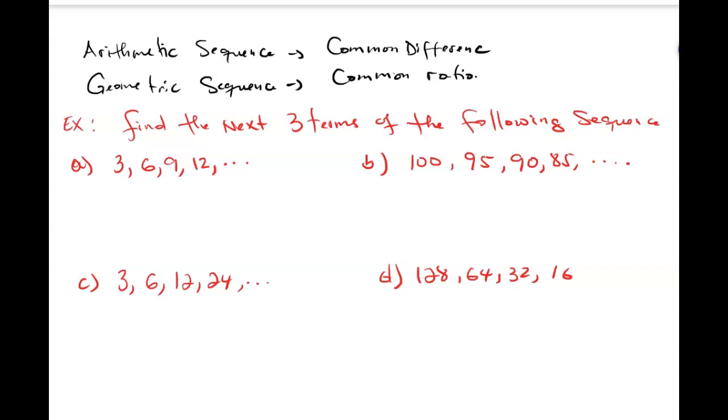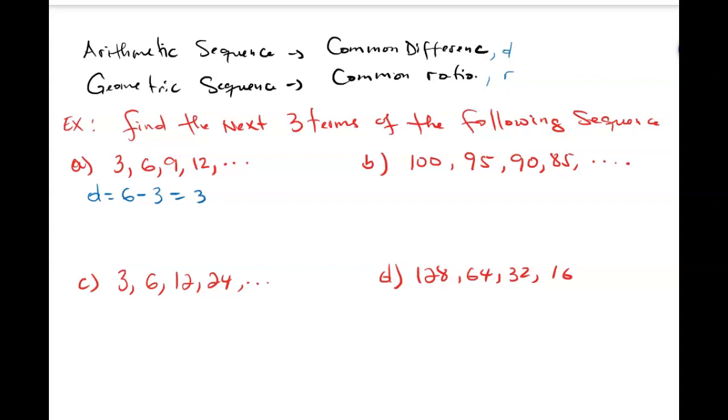Okay, the first thing is to find D. Remember, the common difference is D and the common ratio is R. So to find D, we're gonna take any two terms. I'm taking the first two: 6 minus 3 is equal to 3.